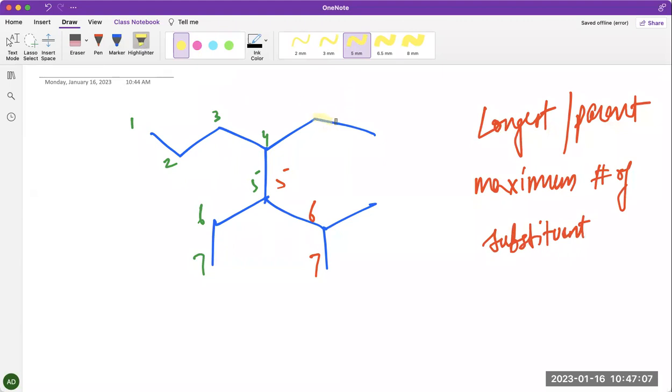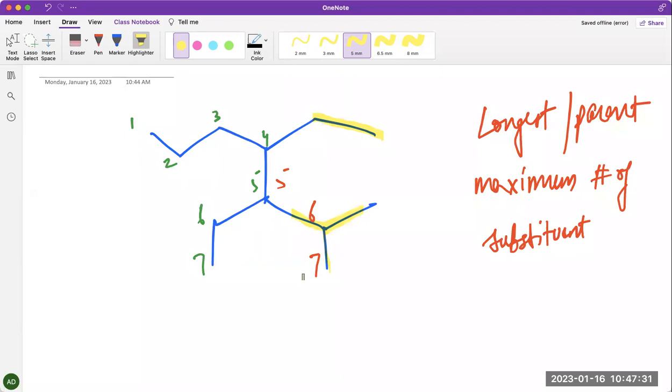I have this as a substituent, right? Because 1, 2, 3, 4, 5, 6, 7. If this becomes my main chain, everything else is a substituent. Then you see this portion becomes a substituent, and then this portion becomes a substituent, right? So I've got two substituents.